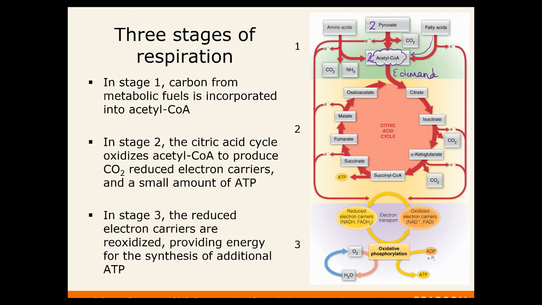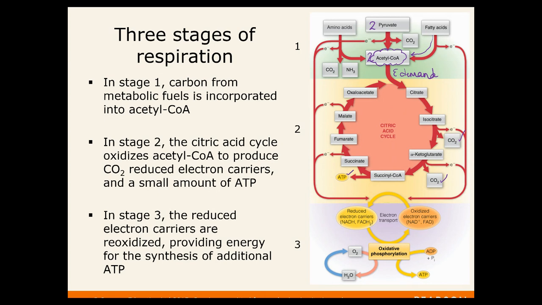The other key highlights: CO2 comes off. A lot of the CO2 we breathe out comes from the citric acid cycle as a waste product. Another thing is that you do have a spot where you form ATP.